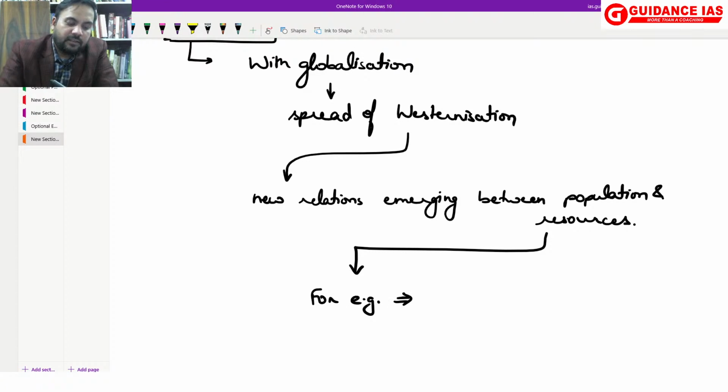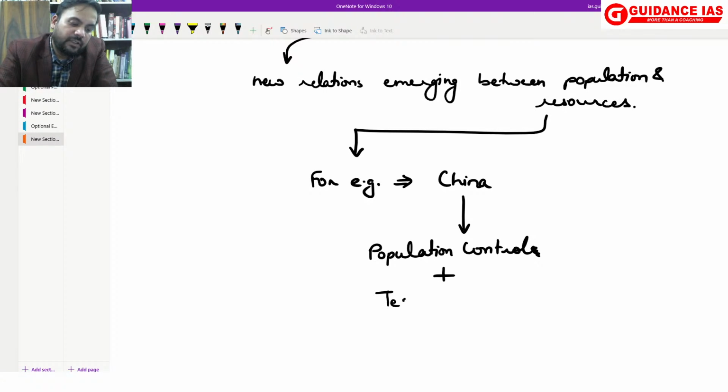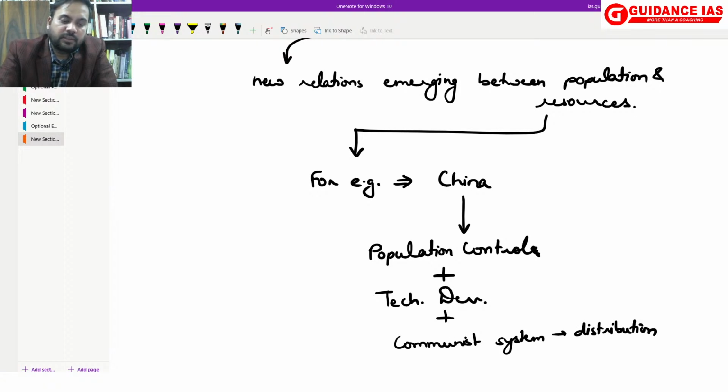For example, tell me, can I say in China, taking into account all the three factors, they have led to population control, plus they have led to technological development, plus they have also, using their communist system, taken care of distribution of resources.